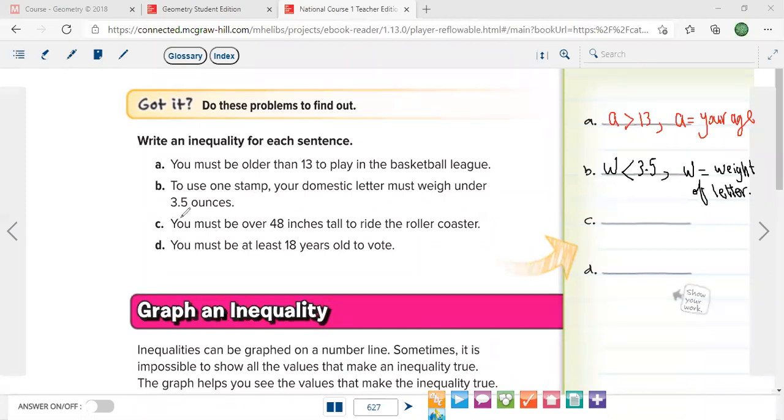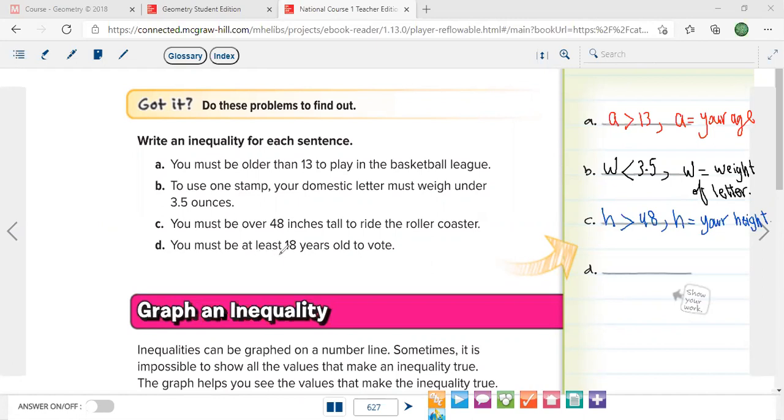Now, in problem C, you must be over 48 inches tall to ride the roller coaster. So we can say that H is greater than 48 such that H equals your height. Problem D: you must be at least 18.